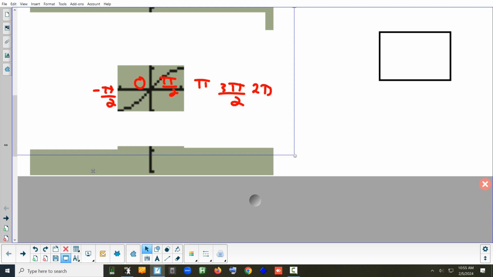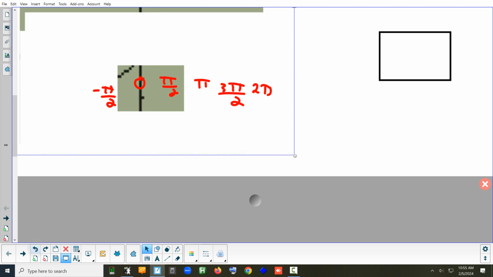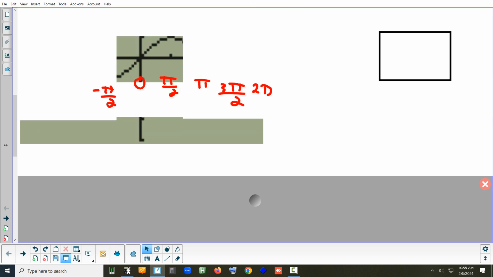That's the section that the calculator uses. It'd probably be better if I do it like that. Right there. So if we limit sine to only thinking about that window, then the inverse will be a function. So we're going to limit the domain of sine to be between those two numbers when we start working with inverse sine.